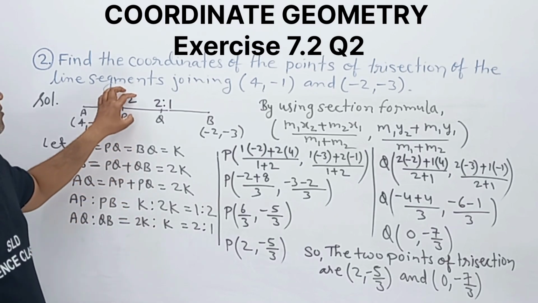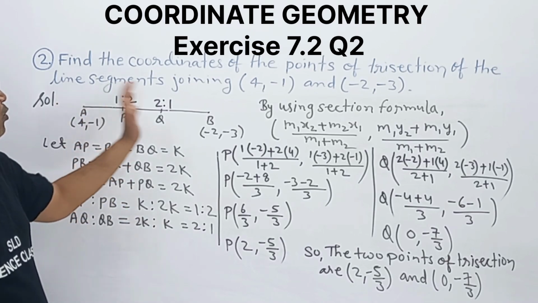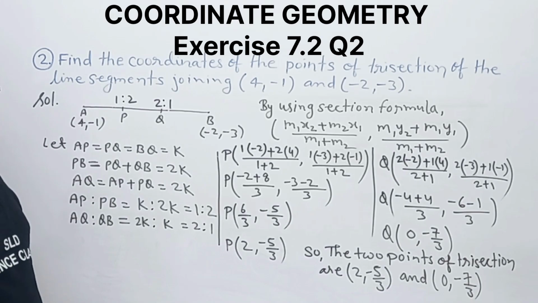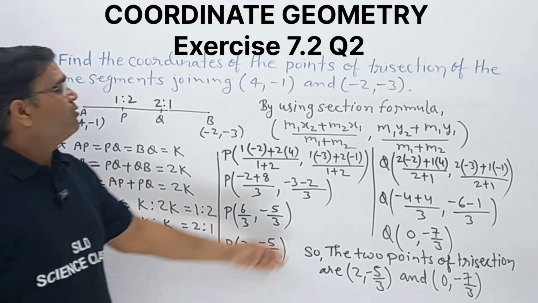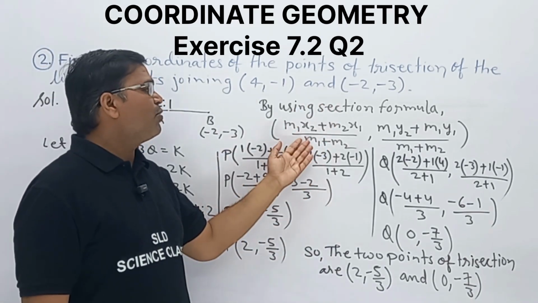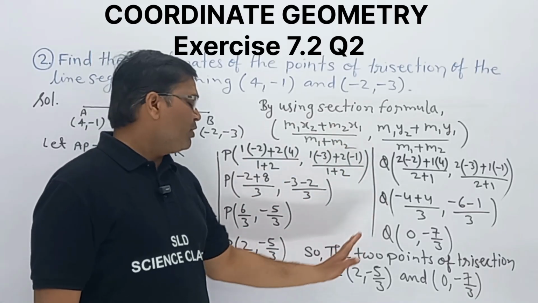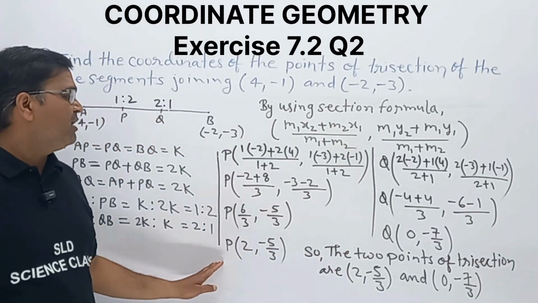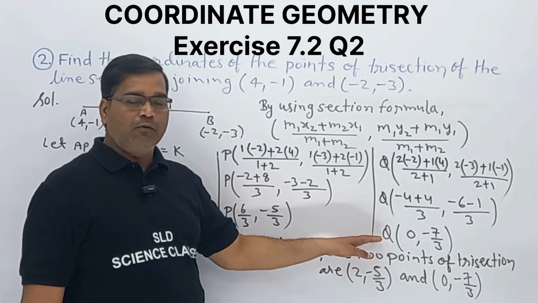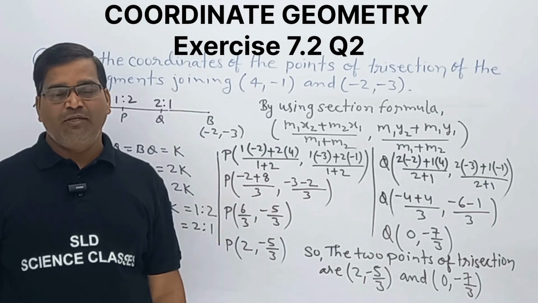Now, once we have the ratio and the coordinates of the line segment, we use the section formula. By using this formula at P and Q, we get the coordinates of point P and point Q. I hope you understand this question. That's all about this question. Thank you so much.